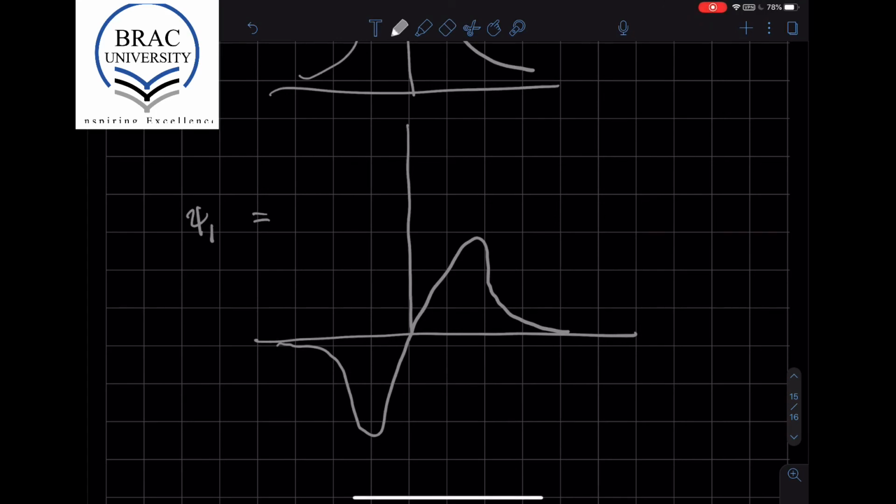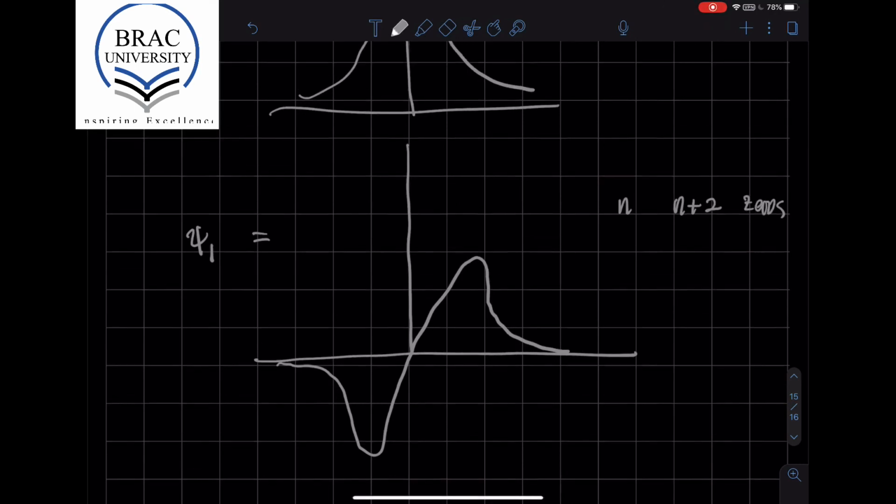Sorry, my drawing is not very good, but of course it also agrees with what we discussed about the general features of bounded wave functions, where if we have the nth energy eigenstate, then it should have in total n plus 2 zeros.